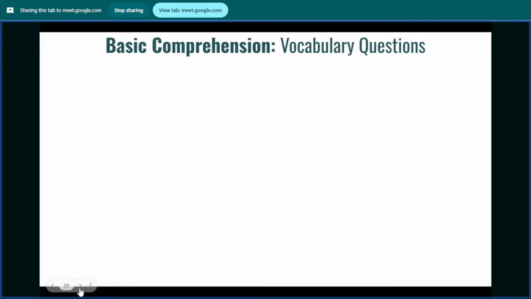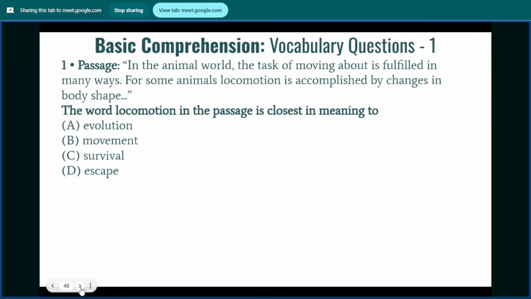So, at the start, you will see in paragraph 1, what the word locomotion in the passage is closest in meaning to. So they will always highlight the paragraph number and they will ask you the question in paragraph number 1, in paragraph 2, in paragraph 3, and that paragraph will also be highlighted on your screen.